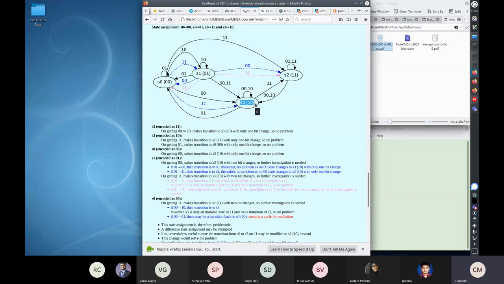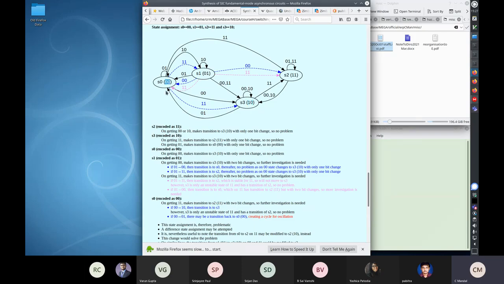You wanted to come to S3 directly, but as it happens that this 0 1 doesn't change to 1 0 directly, suppose it changes to 0 0.